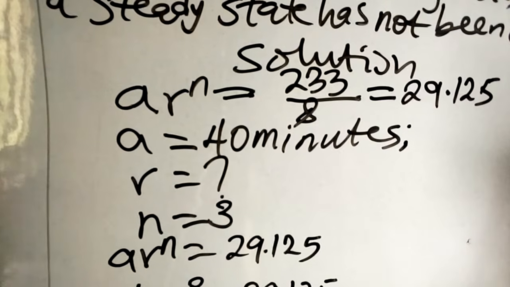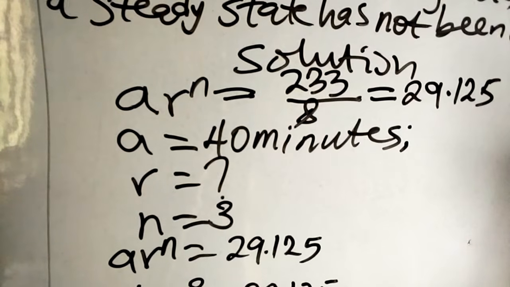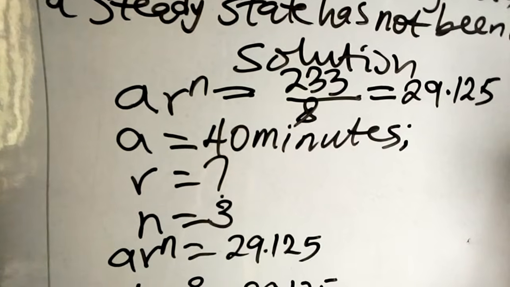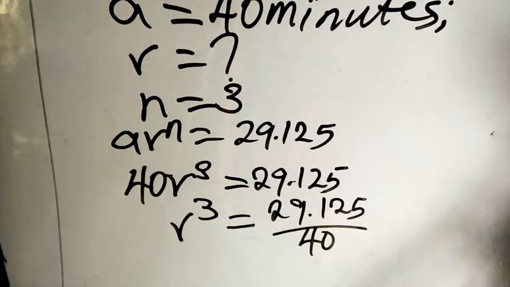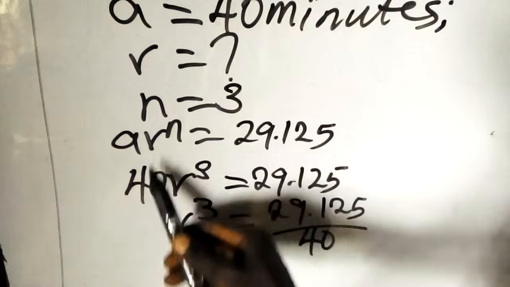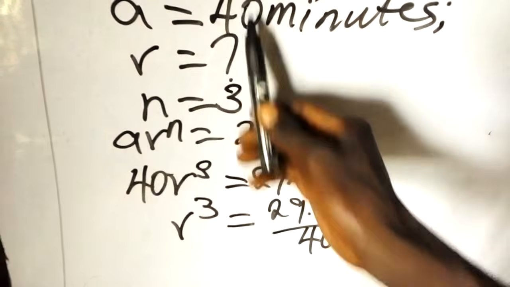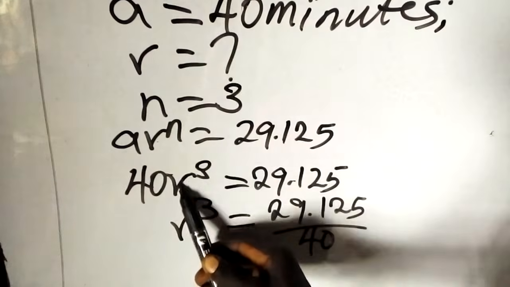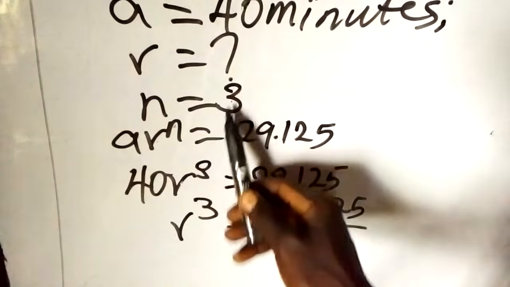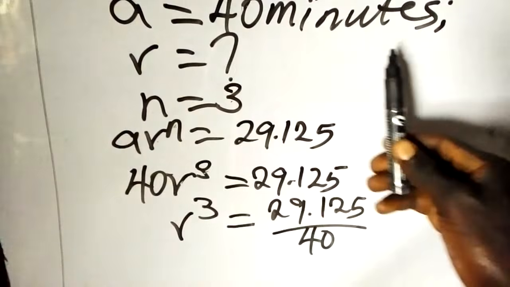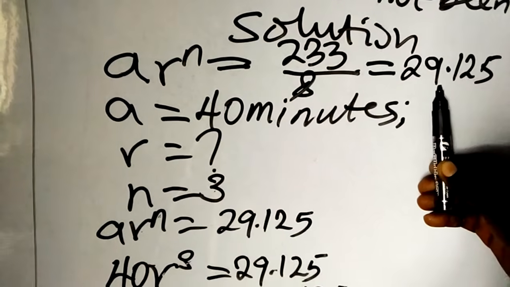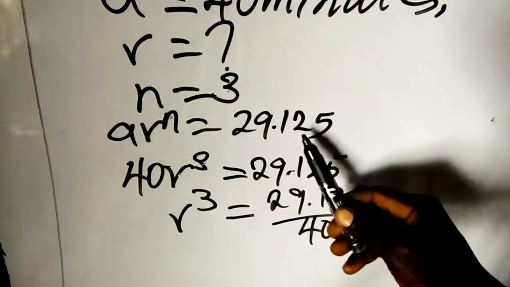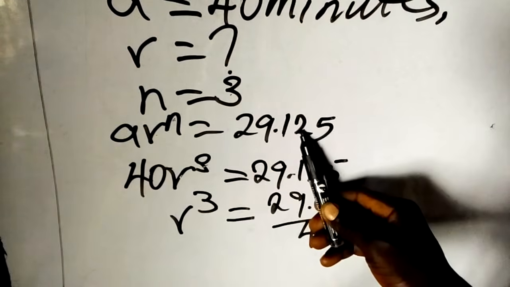We have R raised to power 3 equals 29.125 over 40. Your A is 40 as obtained, 40 R raised to power n, our n is 3, equals 29.125 as determined above.